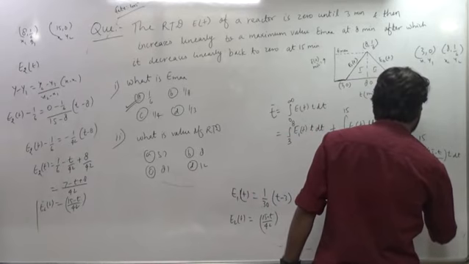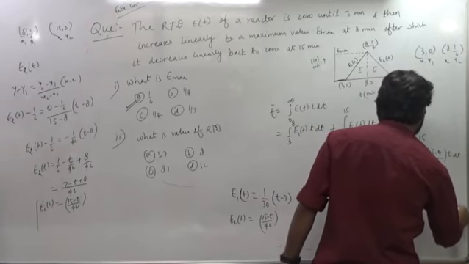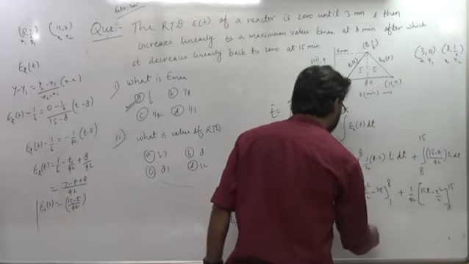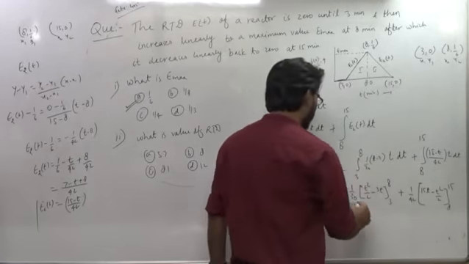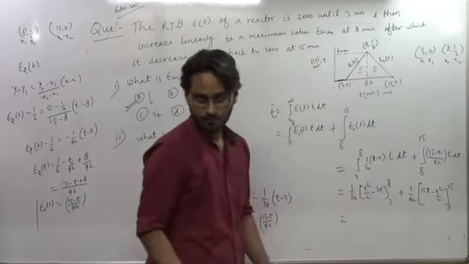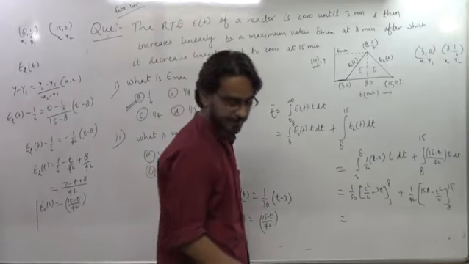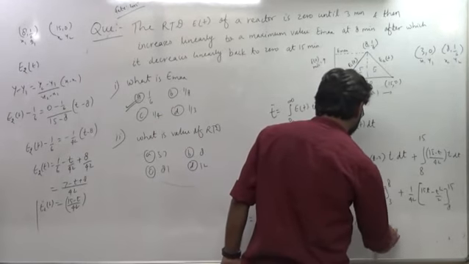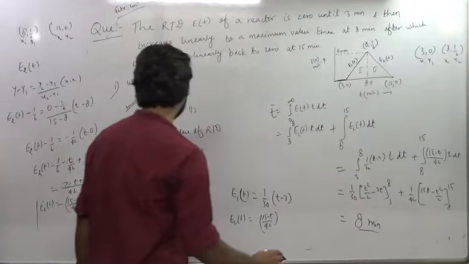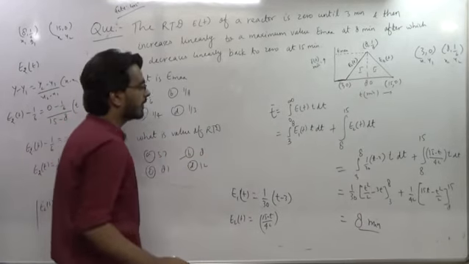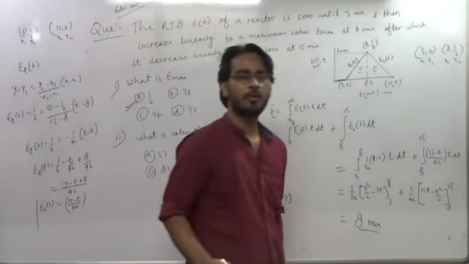We can write 15t minus t square divided by 2, from 8 to 15. Now just pause the video and solve the whole equation. We'll get the value 8. So the option will be 8 minutes. And whatever the calculation is there, we'll get the option.